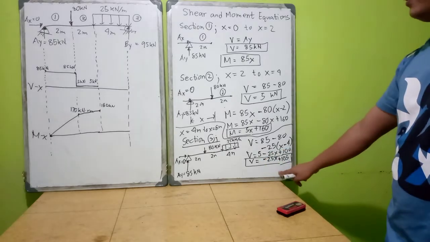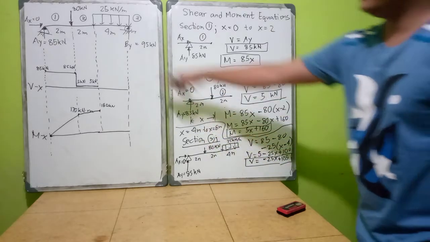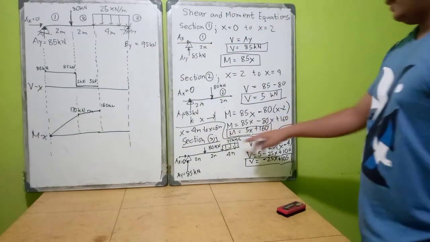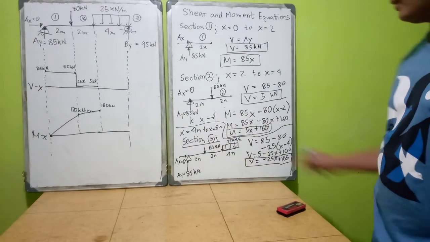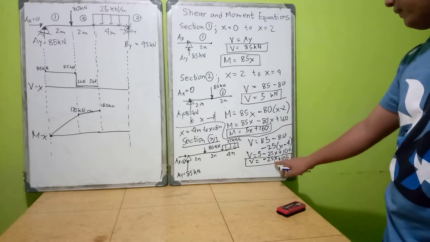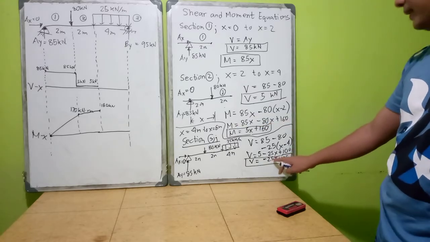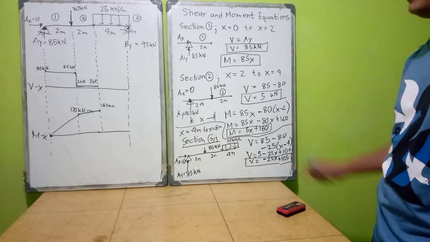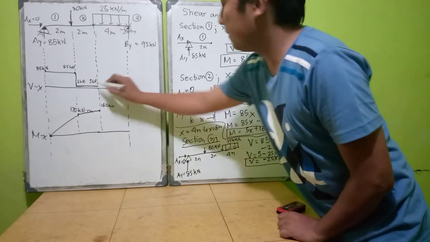When your x is equal to 4, since your section 3 is from x equals 4 to x equals 8, your V is 5. 4 times negative 25 is negative 100, plus 105 is 5. So it stays there, 5.